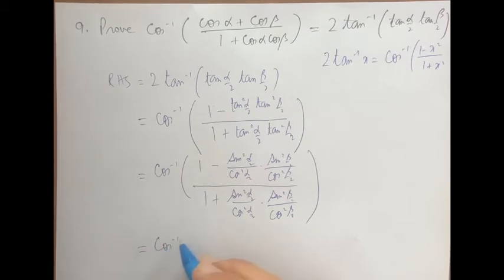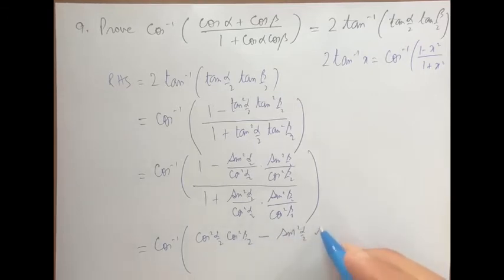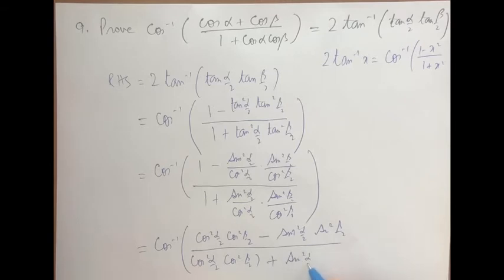Simplifying further, this is cos square of alpha by 2 into cos square of beta by 2 minus sine square alpha by 2 into sine square beta by 2 upon cos square of alpha by 2 into cos square beta by 2 plus sine square of alpha by 2 into sine square of beta by 2.